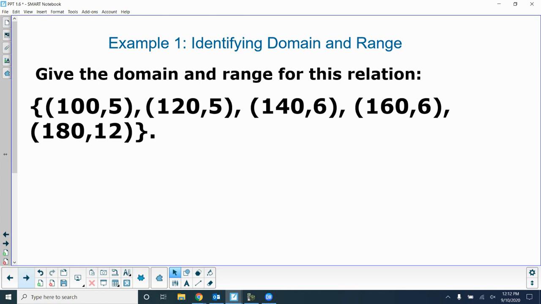All right, so Drake, yes. What is the domain of this relation? What's domain again? X value.